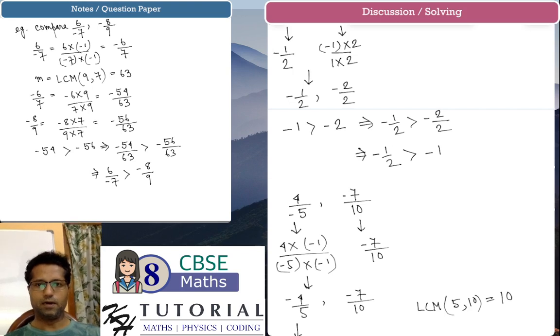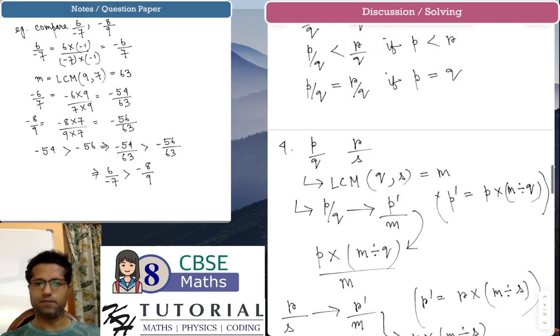So we will apply all these concepts that we discussed in this video while we solve the problems from exercise 1A. In the next video, part 2, I will solve the problems from 1 to 7 from exercise 1A, and in another video, part 3, I will solve the remaining problems, that is problem 8 to 10 of exercise 1A.